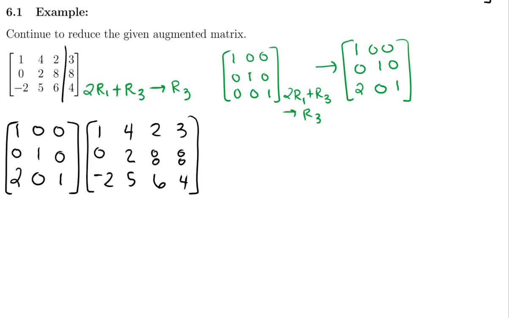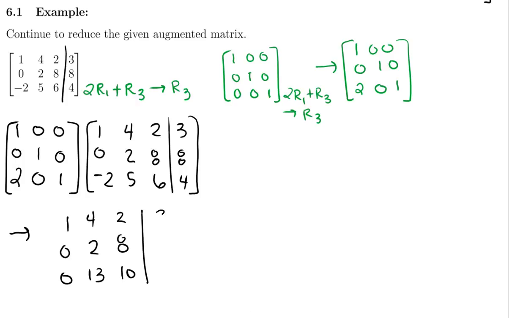Okay, so we'll go ahead and perform that row operation using our calculator. So we're going to do the matrix multiplication, and this gives us a new matrix, 1, 0, 0, 4, 2, 13, 2, 8, 10, and then our constants are 3, 8, and 10.